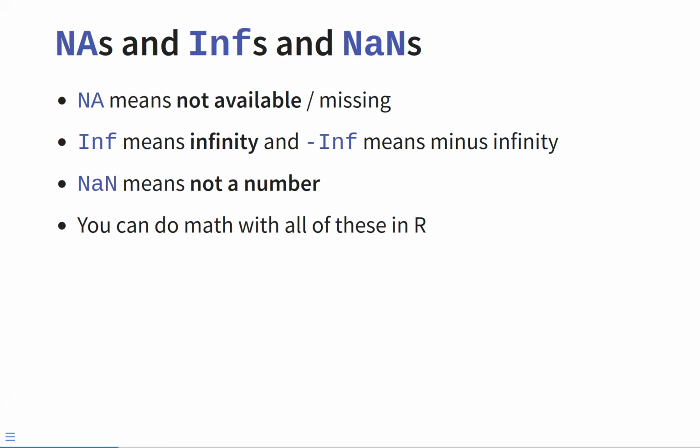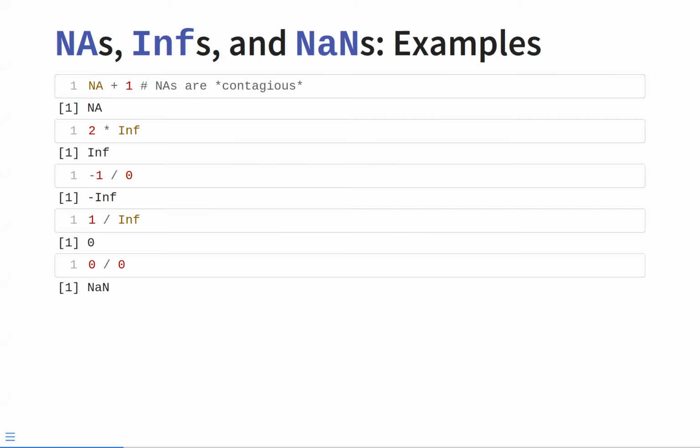And again, you can do math with all of these in R. So let's take a look here. NA plus 1 returns NA. And what on earth does that mean? Well, whenever you encounter NA, you should just read it as, I don't know what the value of this number is. So NA plus 1 means I added 1 to some number, and I don't know what the value of that number is.